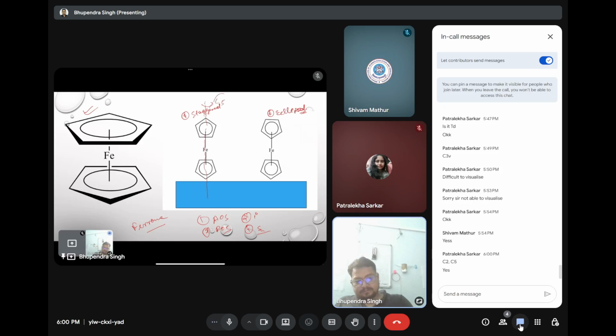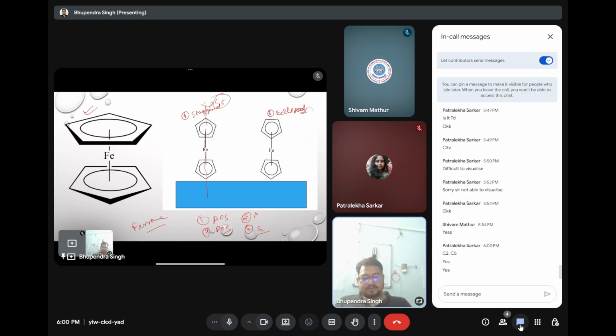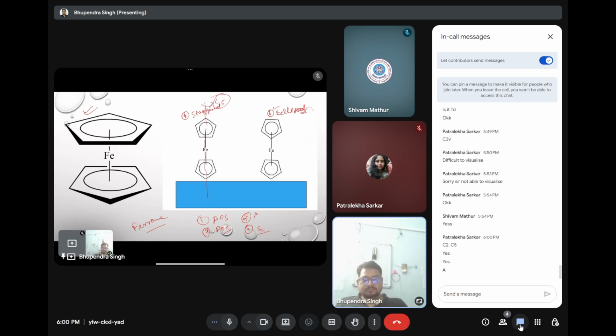This is your C5. But C2 you are saying. So you are solving for staggered or eclipsed? You are solving for the staggered form. This is a staggered form.